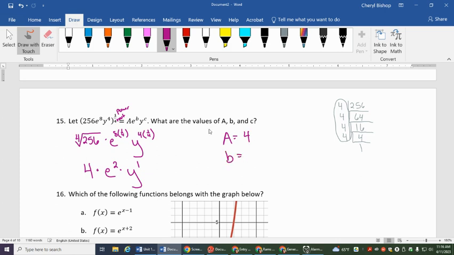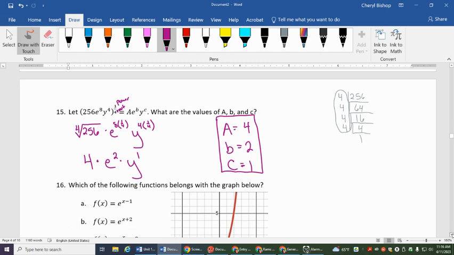B is the exponent on e, which is 2. And c is the exponent on y, which is 1. Questions on 15?